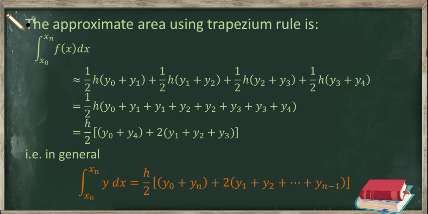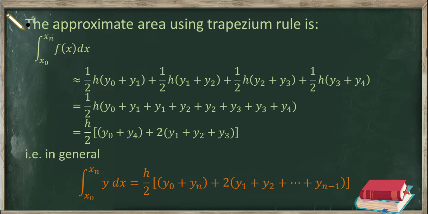We find the area of the 4 trapeziums using the trapezium area formula. Solve this: 1 by 2 h can be taken common, giving y0 plus y1 plus y1 plus y2 plus y2 plus y3 plus y3 plus y4.